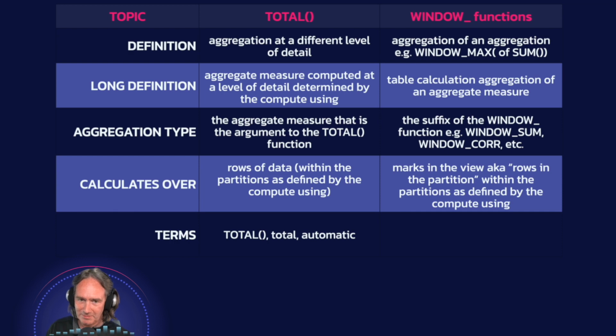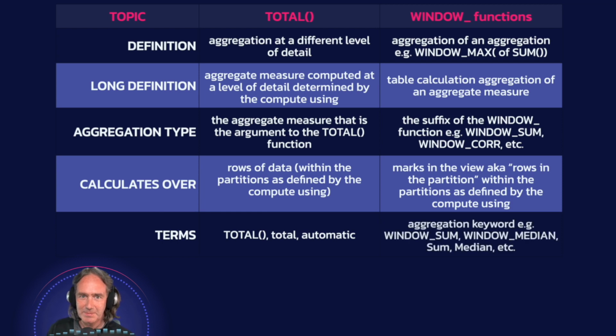So in the Tableau interface, when we see total, or automatic as a function reference, that's something to think about. We're going to be getting that total aggregation out of that. Whereas if we're seeing the aggregation keyword, like sum or median or window sum, window median, and so on, then that's where we're getting the equivalent of a window function, an aggregation of an aggregation.